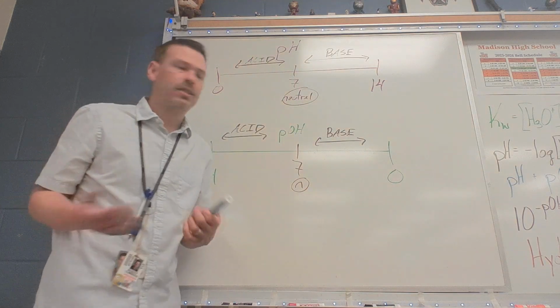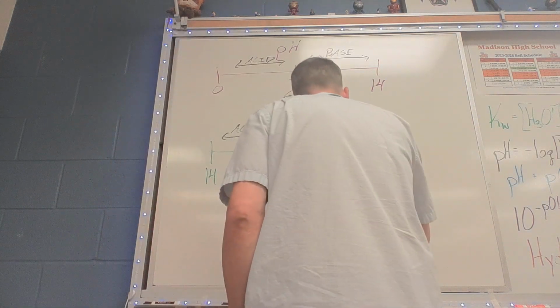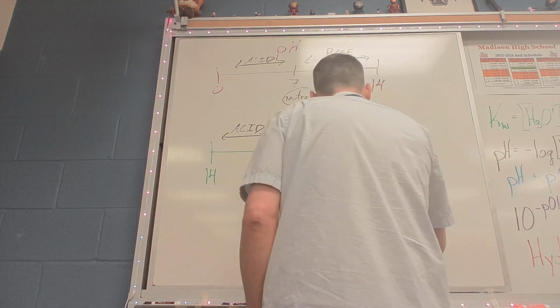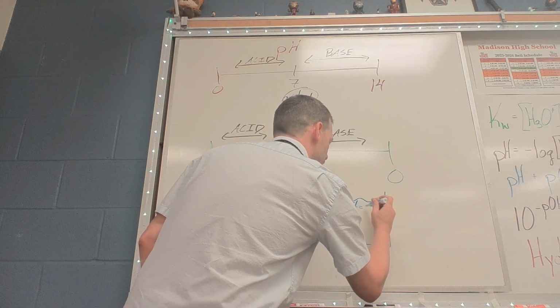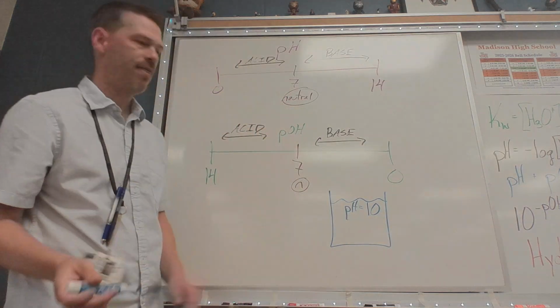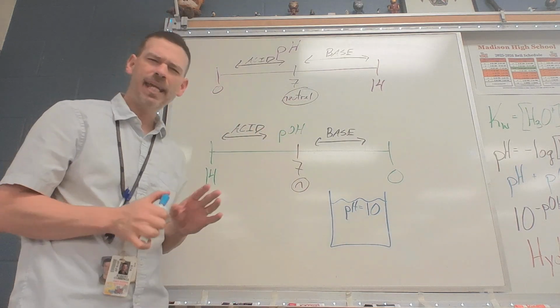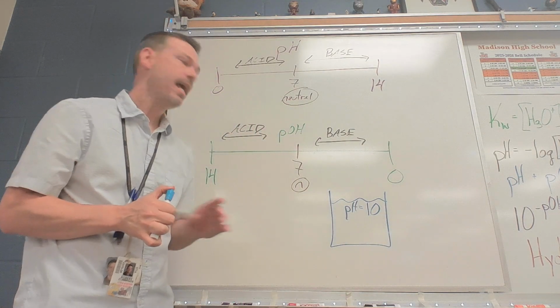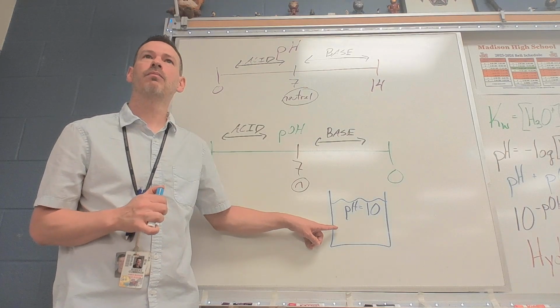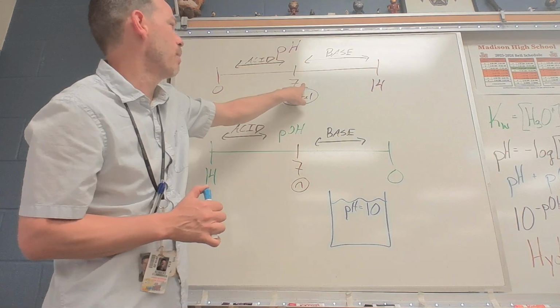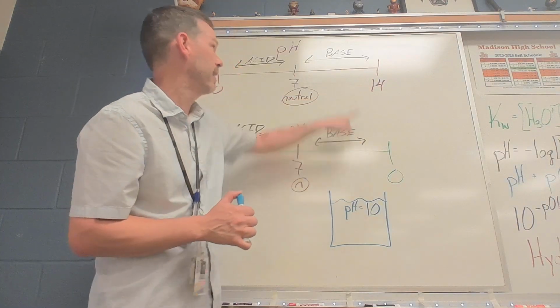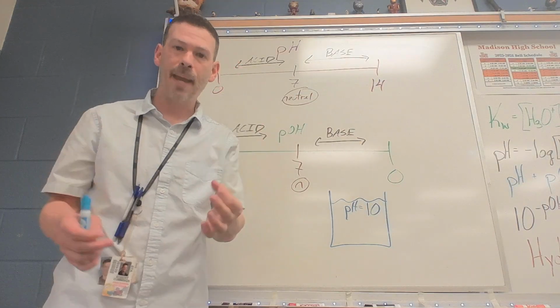So what we tend to do is deal with solutions where we're like, okay, well, we have a pH of, let's say, 10 in that solution. A pH of 10. Is that solution acidic or basic? It's basic because if you're on the pH scale and you are between 7 and 14, like 10 is, then it is basic.